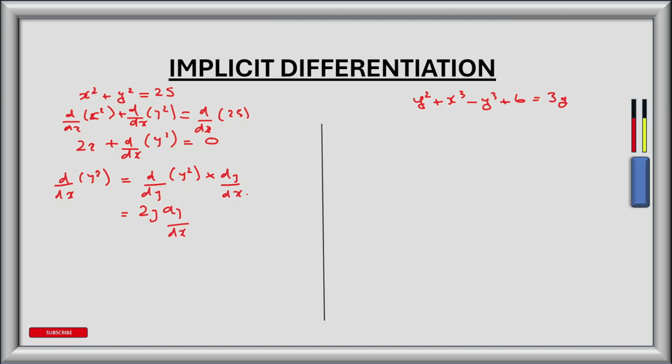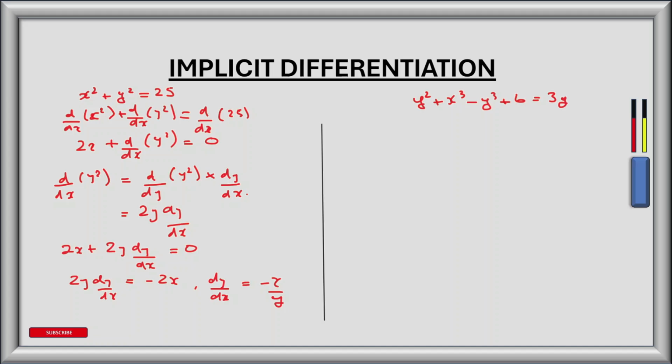So we now have 2x plus 2y dy dx is equal to 0. So 2y dy dx is equal to minus 2x, and therefore dy by dx is equal to minus x over y. So to differentiate a function of y with respect to x, we differentiate with respect to y and then multiply by dy by dx. So now let's apply what we learned in example 1 to example 2.